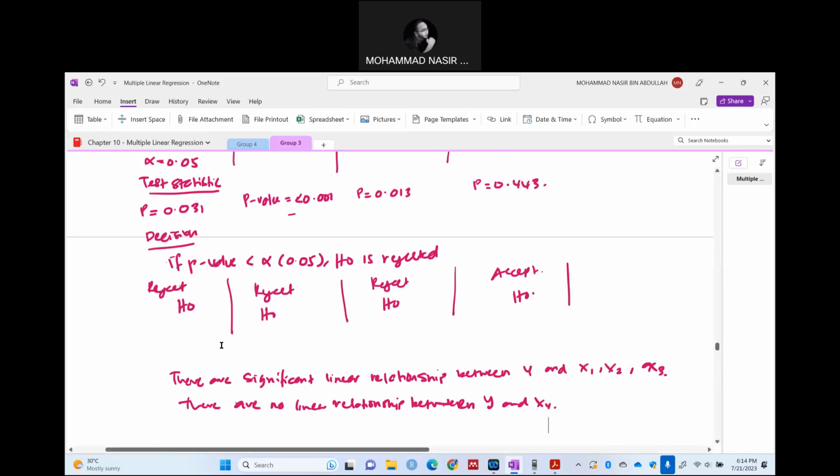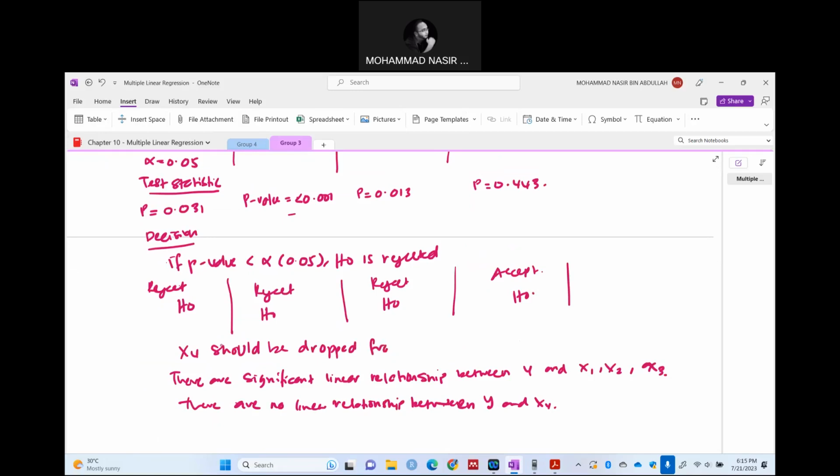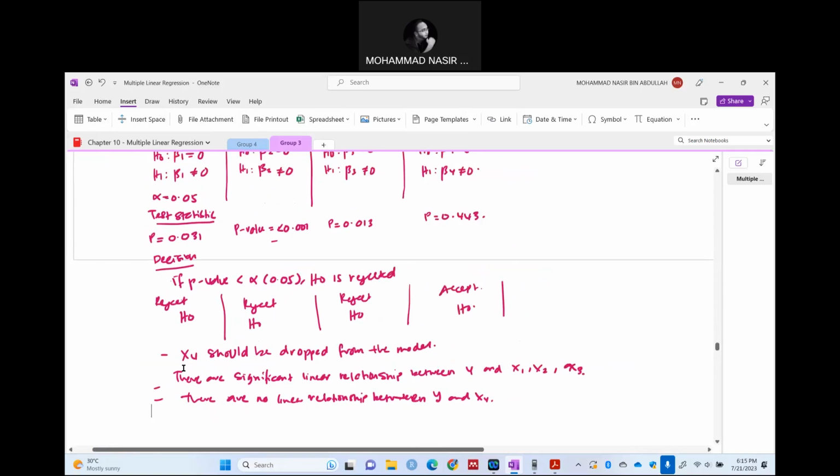So which variable should be dropped from the model? X4, right? Okay.